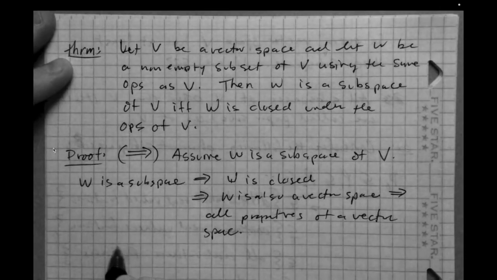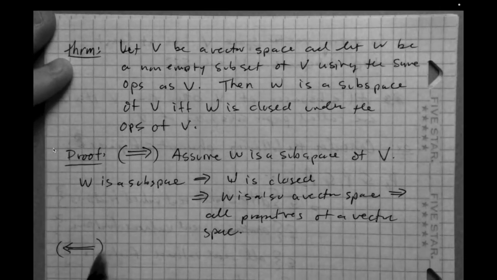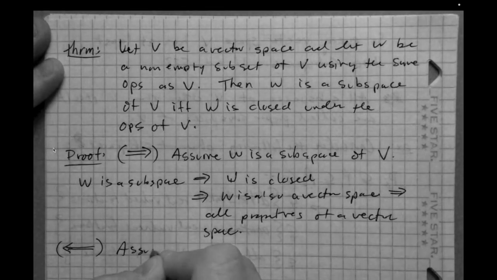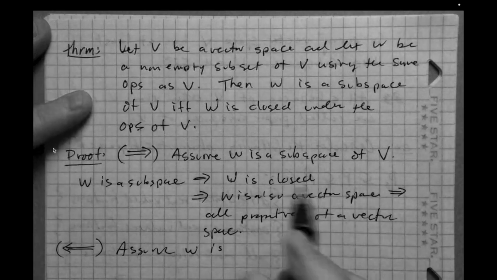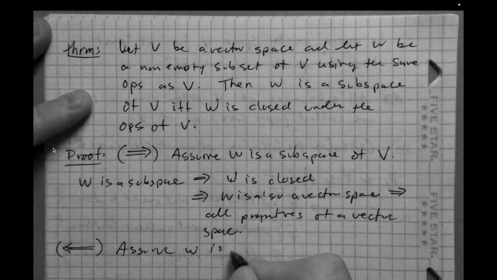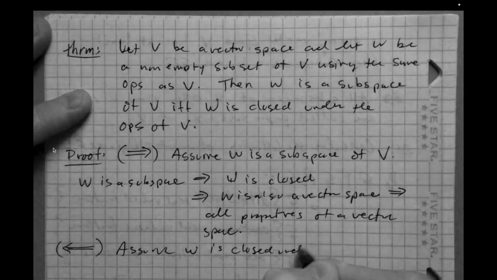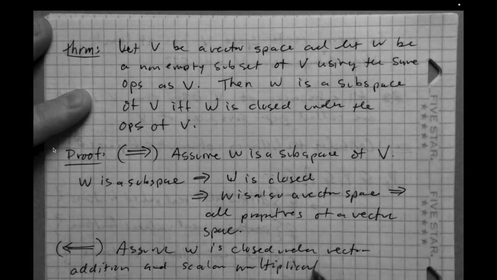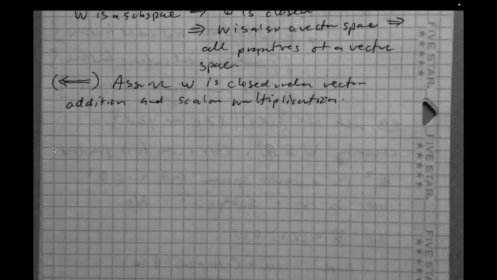The other direction, let's go the other way now. This one is a little more involved. Let's assume W is closed under vector addition and scalar multiplication.